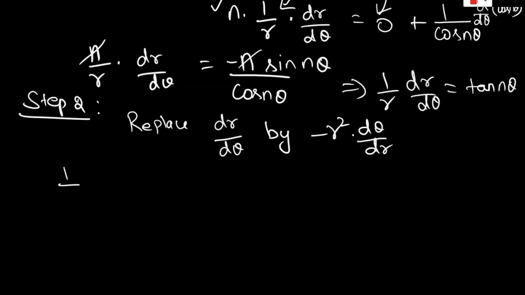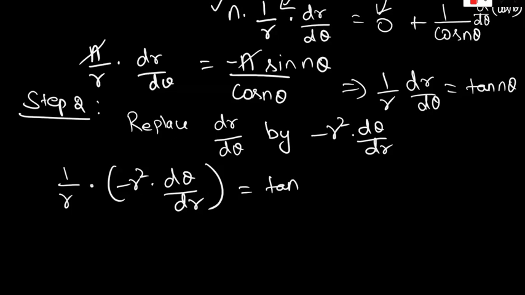So 1 by r into dr by d theta, minus r square into d theta by dr, that is equal to tan n theta. Let me cancel this and this. 1 by r will get cancelled, and then we get r into d theta by dr is equal to... on the right hand side we have cos differentiation is minus sine by cos.